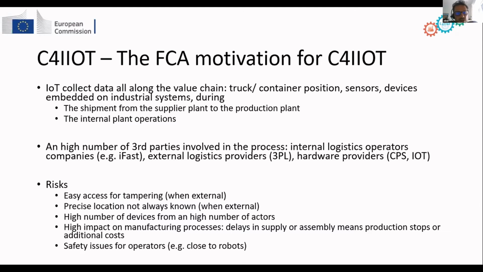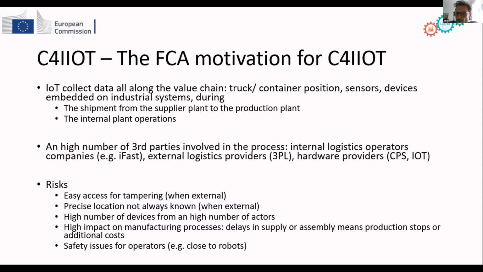So we have this variety of devices, this variety of actors involved, and we have a lot of risks related to that. The risk of tampering with the devices, to use them as a door to access our internal systems, and this has a terrific impact on the processes themselves.